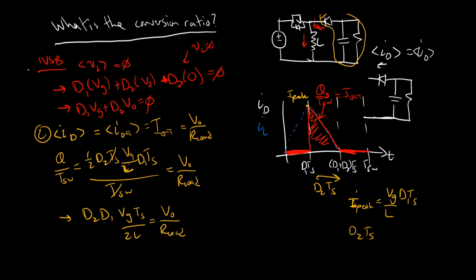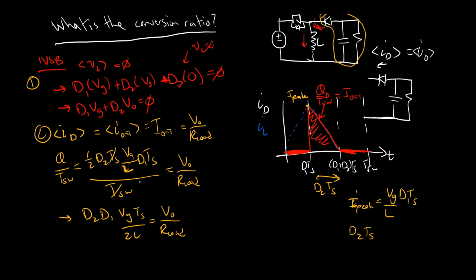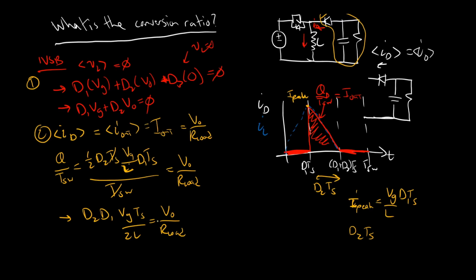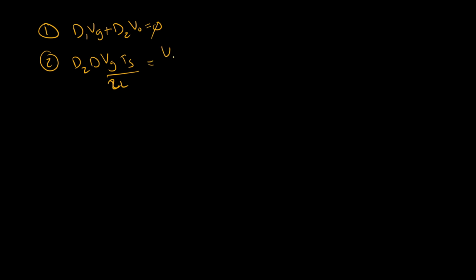Great, so now we just have to put equations 1 and 2 together. So let's do it. We have equation 1: D1 VG plus D2 V out is equal to 0. Equation 2, let's just remind ourselves: D2 D1 VG Ts over 2L, my 2's and my L's look very similar, is equal to V out over R load. So we'll use this to solve for D2.